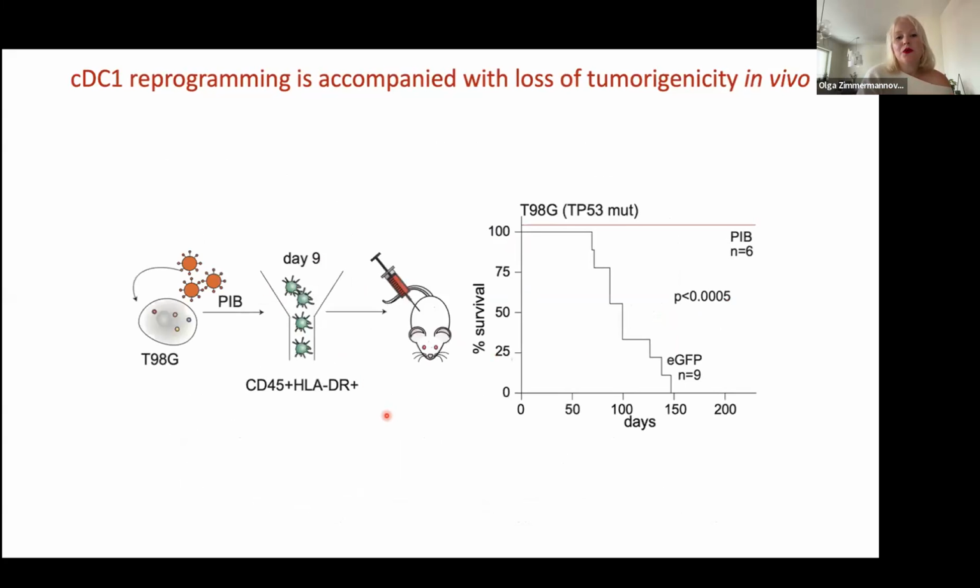And also in vivo, after reprogramming, they were no longer able to induce tumors when injected into the animals. All the animals which were injected with reprogrammed cells stayed tumor-free for the whole duration of the experiment, while the control group all developed tumors and succumbed to the disease.